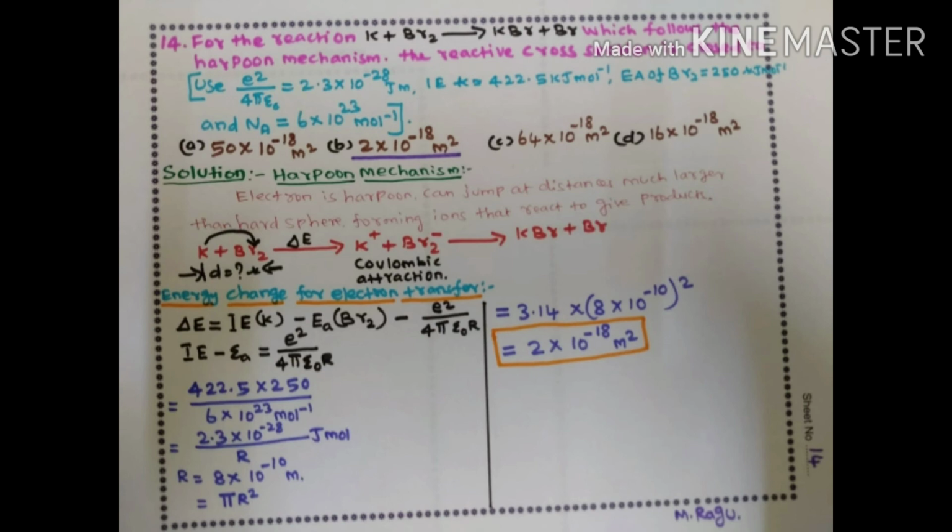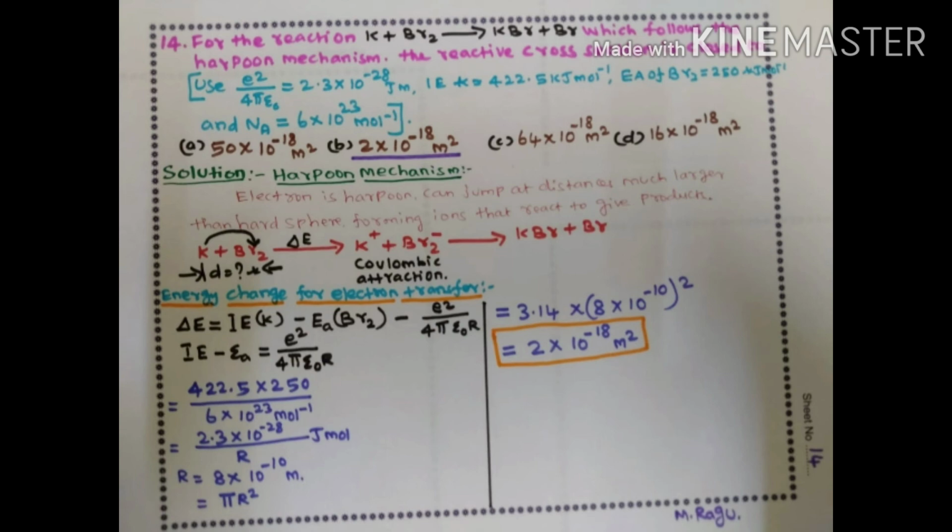Use the given data: e squared divided by 4 pi epsilon naught is 2.3 into 10 power minus 28 joule per mole. Ionization energy of K is 422.5 kilojoule per mole. Electron affinity of Br2 is 215 kilojoule per mole, and Avogadro number is 6 into 10 power 23 per mole. Solution: what is the harpoon mechanism?